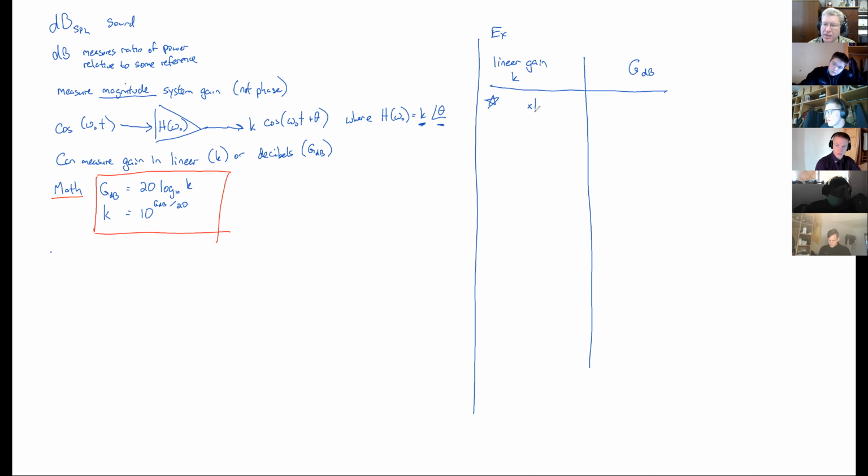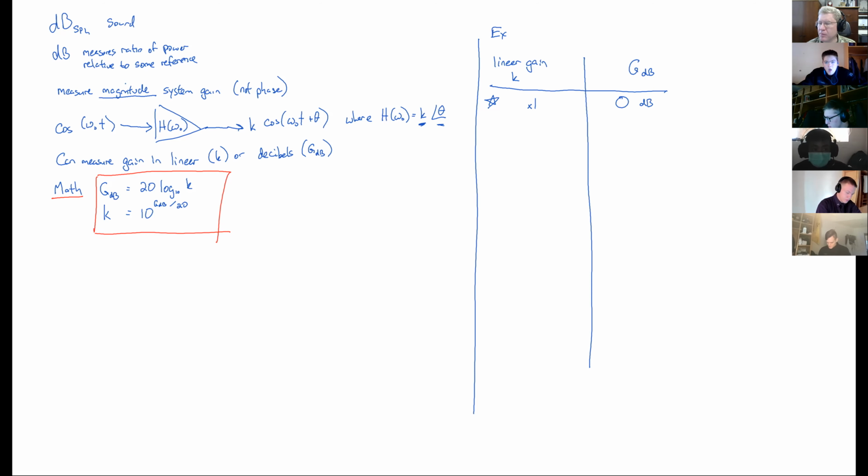What's the decibel equivalent of a linear gain of 1? Put 1 into this, and what's log base 10 of 1? 0. That's right. So it's 0, and we measure that in units of decibels.